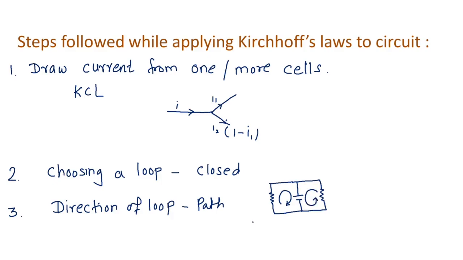Both directions you can select as clockwise or anti-clockwise, or any one of them clockwise and another anti-clockwise. That depends on your choice, but you have to first fix the direction of the loop. Then after fixing the direction of the loop, you have to apply Kirchhoff's voltage law to all independent loops.